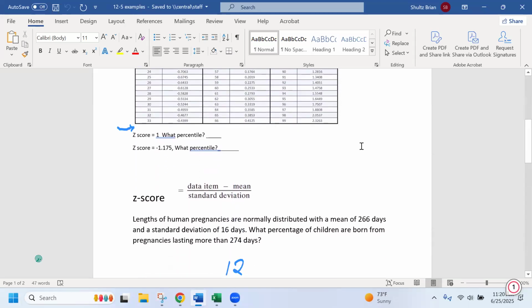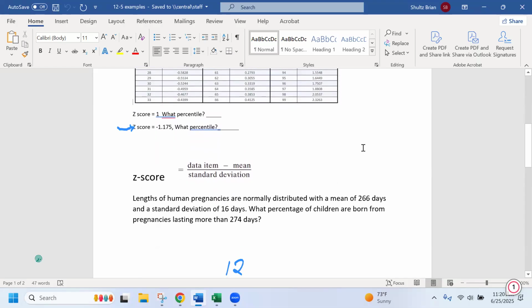Remember, the z-score is found by taking the data item minus the mean, divided by the standard deviation. Let's do this example. Lengths of human pregnancies are normally distributed with a mean of 266 days and a standard deviation of 16 days. What percentage of the children are born from pregnancies lasting more than 274 days?